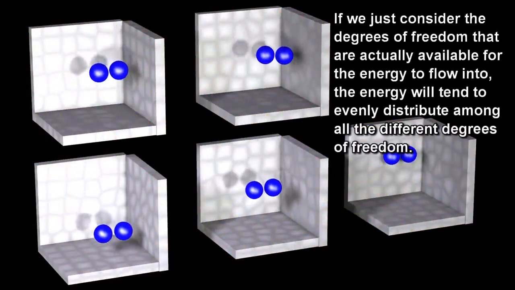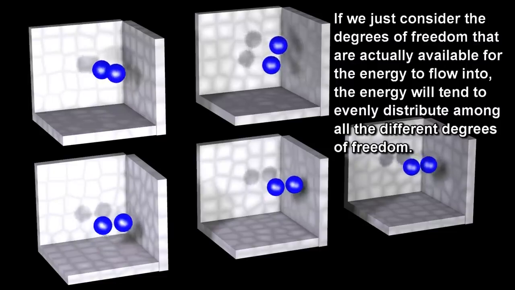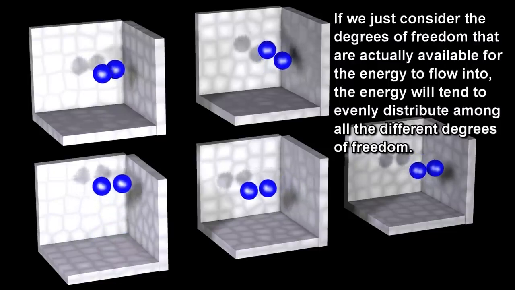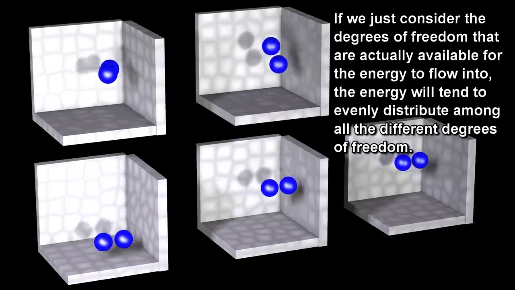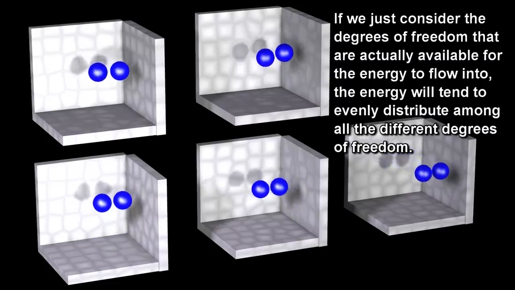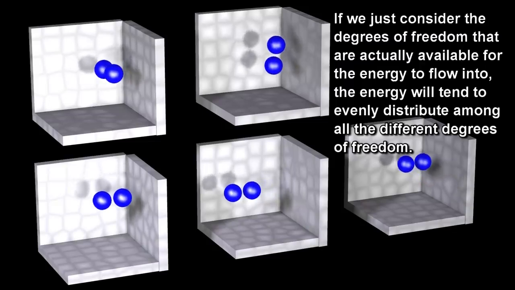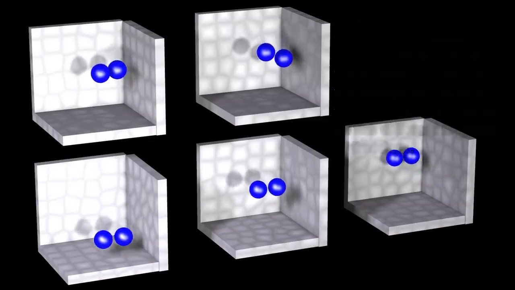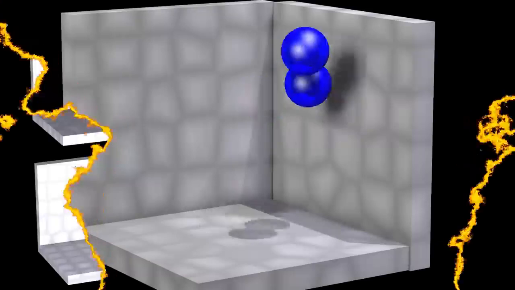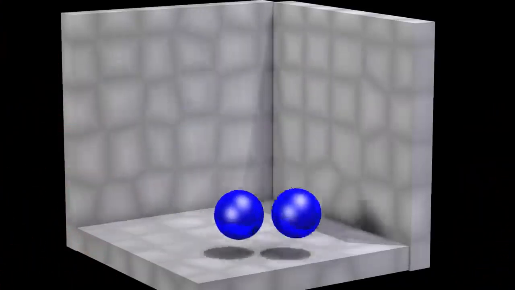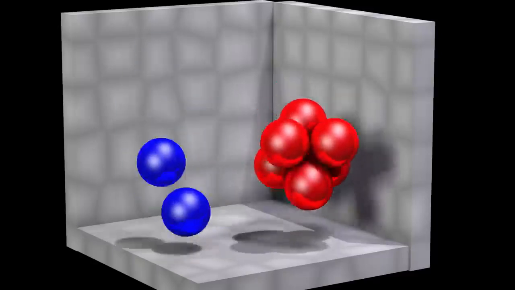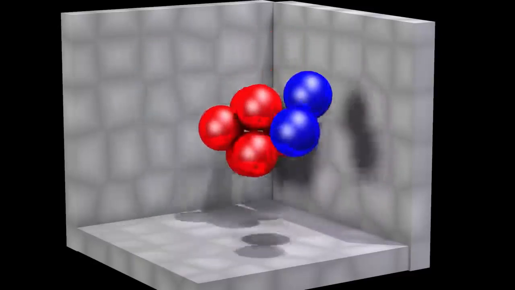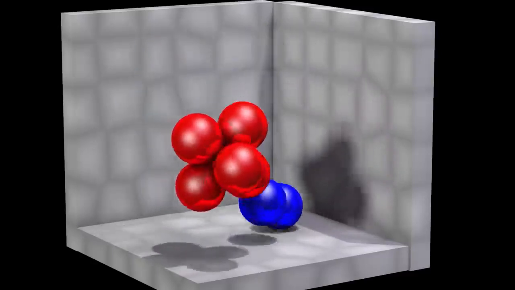If we just consider the degrees of freedom that are actually available for the energy to flow into, the energy will tend to evenly distribute among all the different degrees of freedom. Let's consider a system consisting of these 2 molecules.